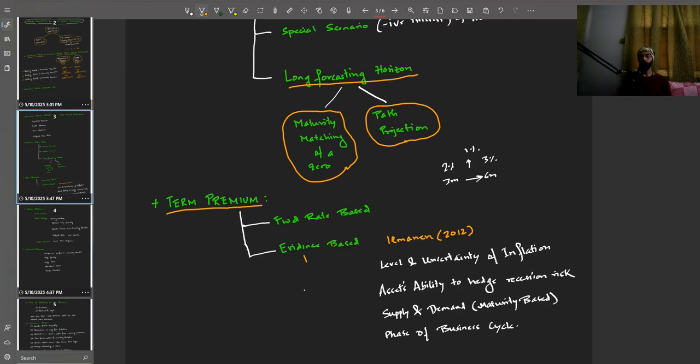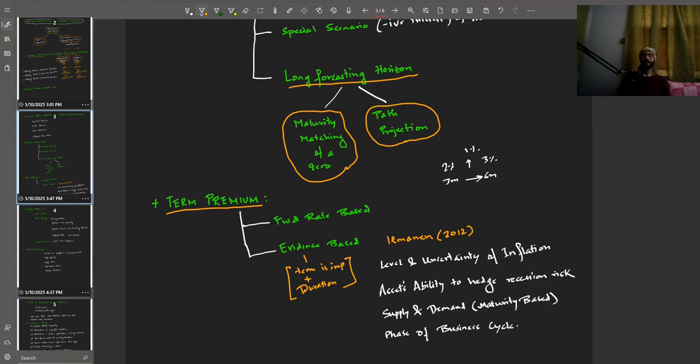Evidence-based approach suggests that yes, the maturity or the term is important. It is a vital factor for deciding the rates or the spreads, and it depends on the duration. So term premium is an important thing, and it depends on the duration of the instrument that we are looking at, right?